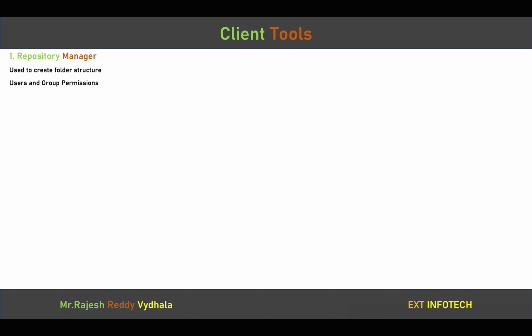Then we have the Power Center Designer tool. Power Center Designer is used to define sources and targets. If you want to create target table structures in any database, when you run this designer tool, that structure is created inside the database.